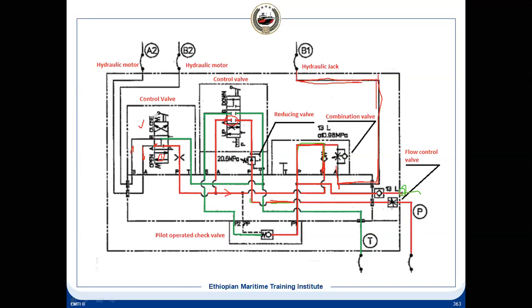You will have to close this first, because once this jack is lifted, what will happen? This pressure is blocked here and it will remain at that position. And after that, because the jack will be lifted, only then this pressure will flow in this direction. And there is a restrictor here, it means it will make sure that this flow will come here first and then it goes there.